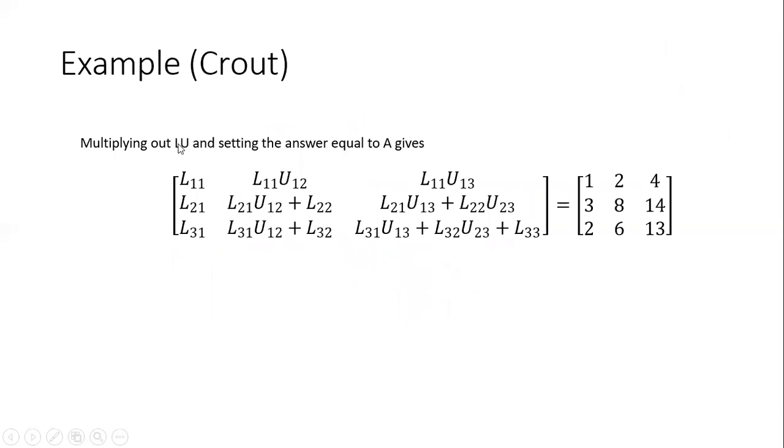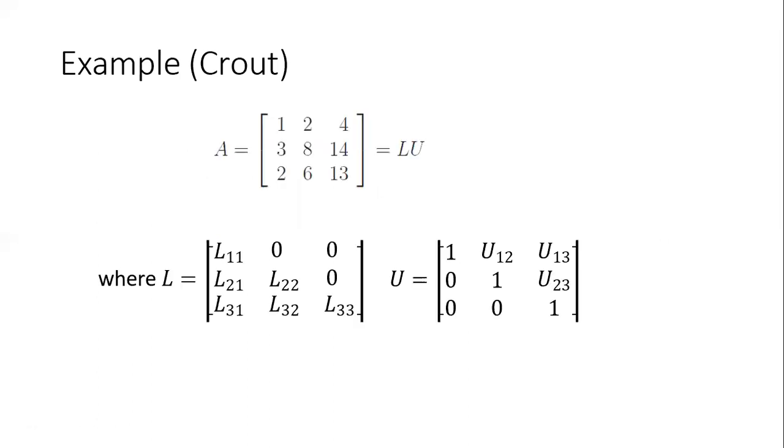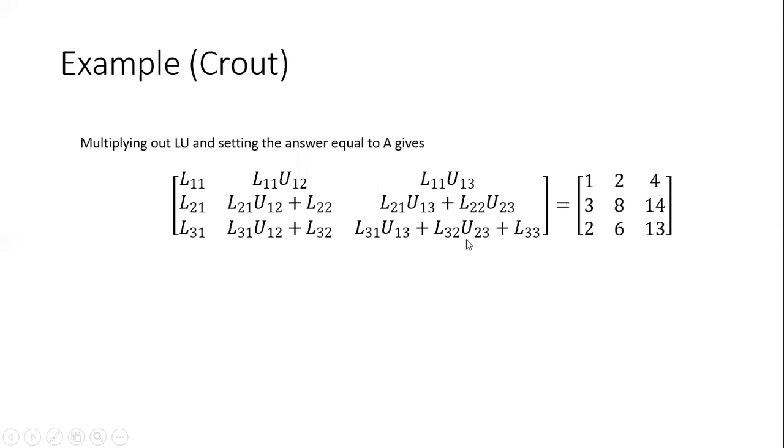Multiplying out LU and setting the answer equal to A will give us this matrix. So simply multiply this matrix L to this matrix U and equate it to this A. This will give us this equation in the form of a matrix.